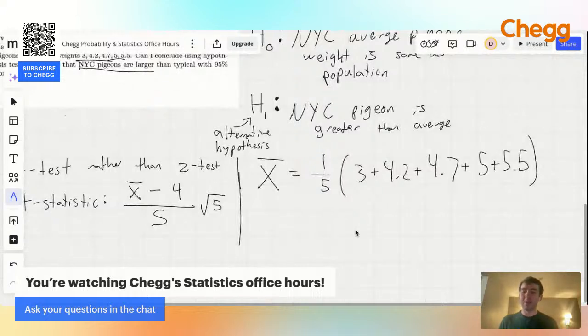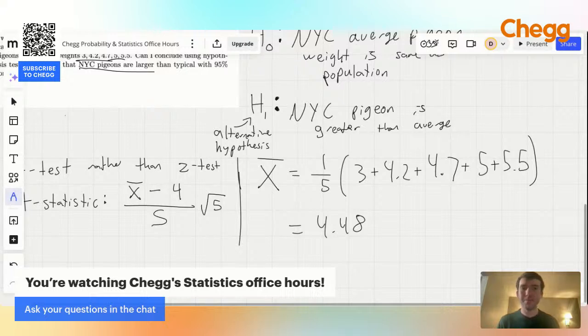Let's go ahead and plug that into our calculators. I think someone in chat already said it. If you have it also, go ahead and plug that in. I got 4.48. So that's the sample mean.